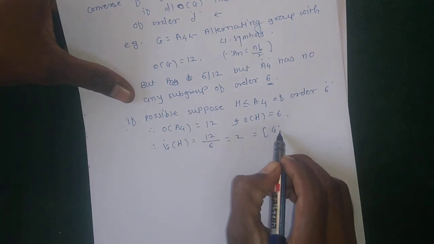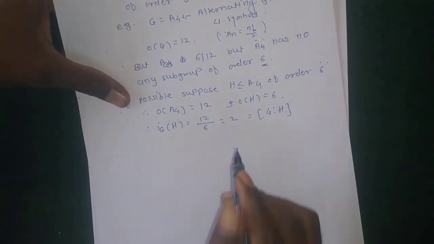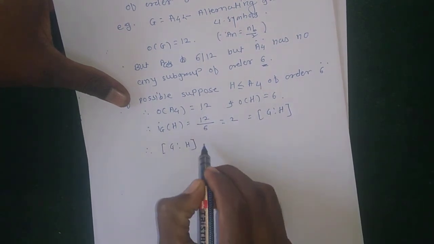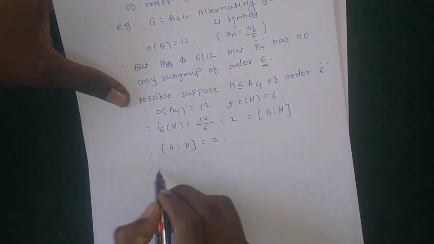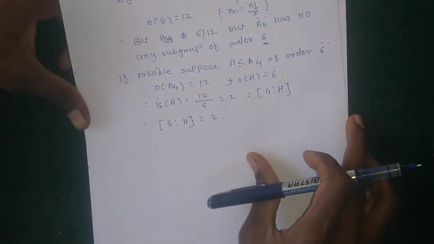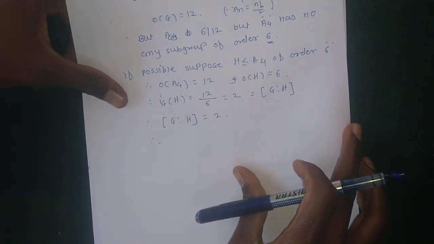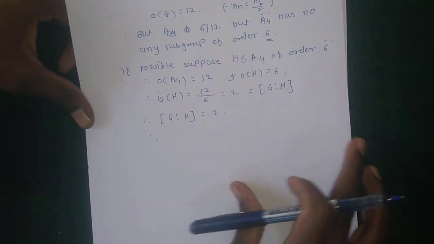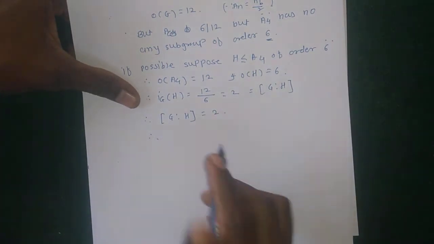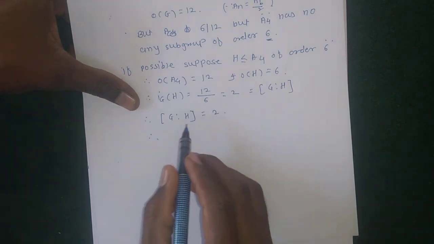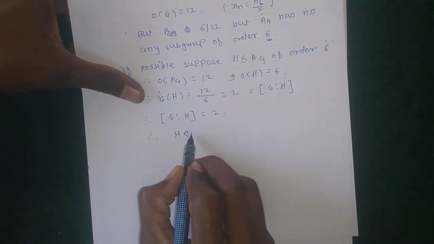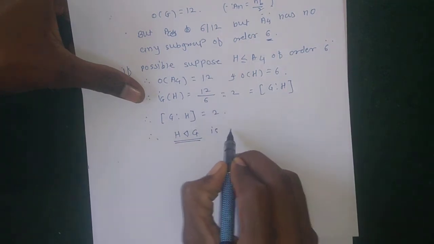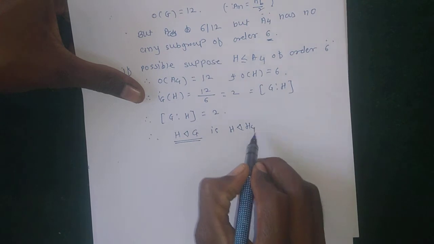This is also written as G over H. Therefore, by the theorem that any subgroup of index 2 is a normal subgroup, H is a normal subgroup of G, that is, H is a normal subgroup of A4.